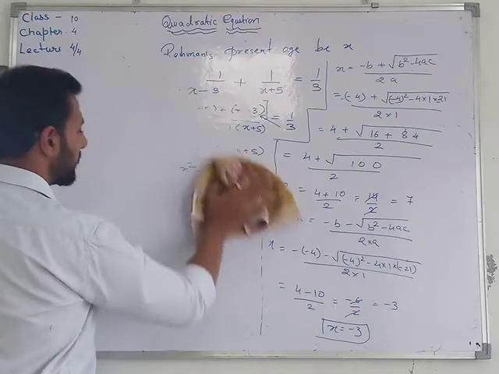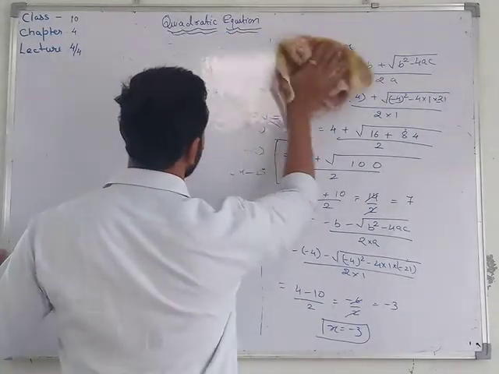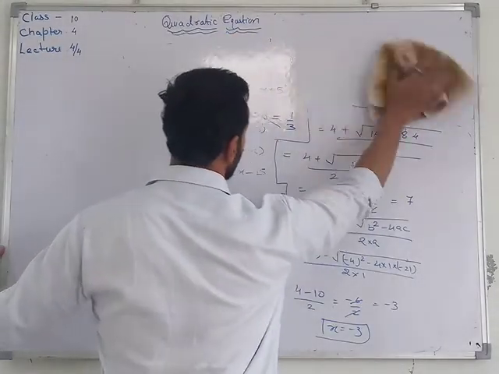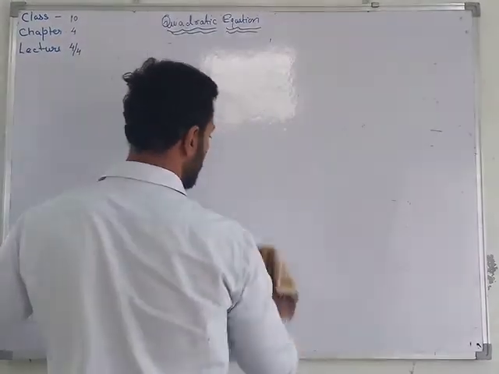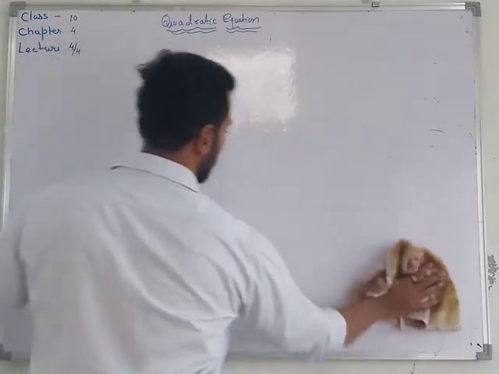Here in the formula method, we are having the formula x is equal to minus b plus minus under root of b square minus 4ac upon twice of a.